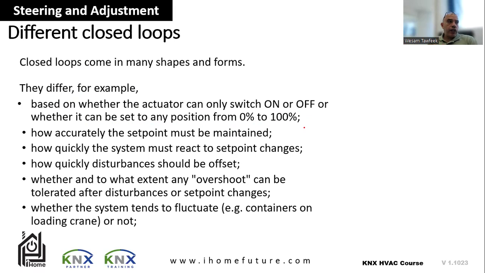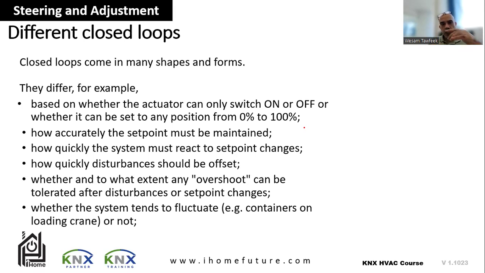Okay, how accurately the set point must be maintained, how quickly the system must react. All of these are affecting the system that you have: the accuracy of the system, the speed of reaction of the system, whether and to what extent any overshoot can be tolerated after disturbance or set point changes, and whether the system tends to fluctuate, like a container unloading crane or not.